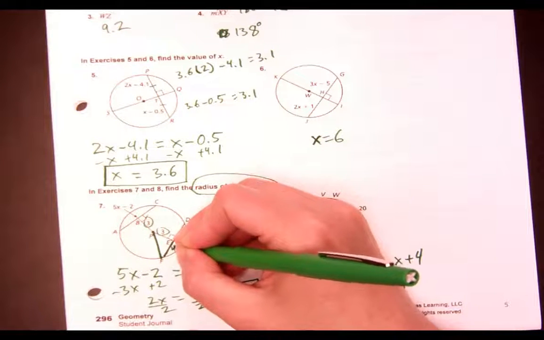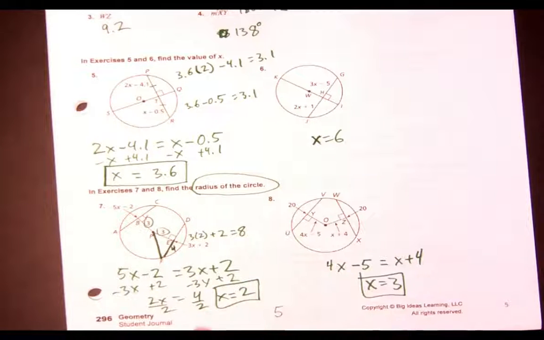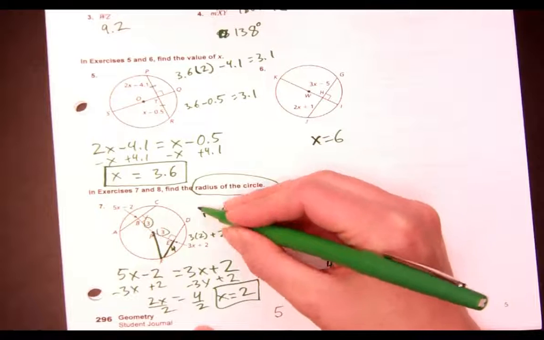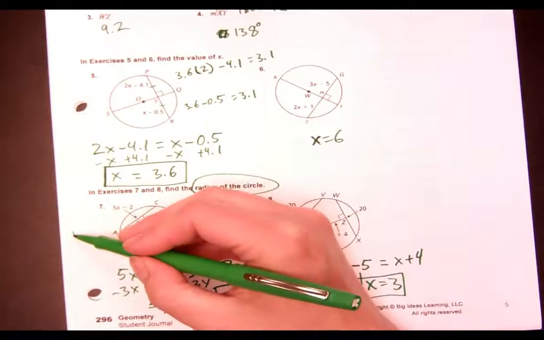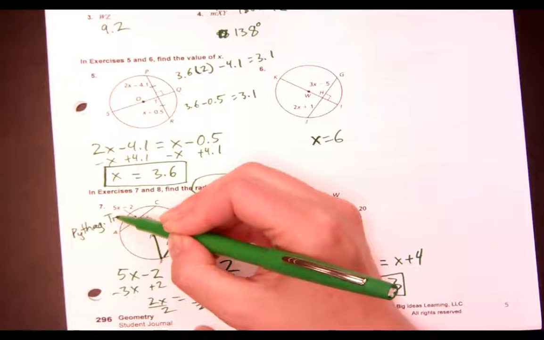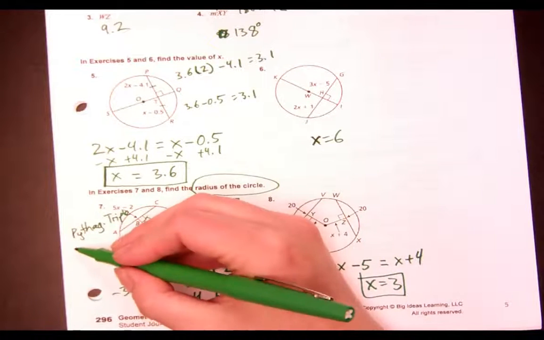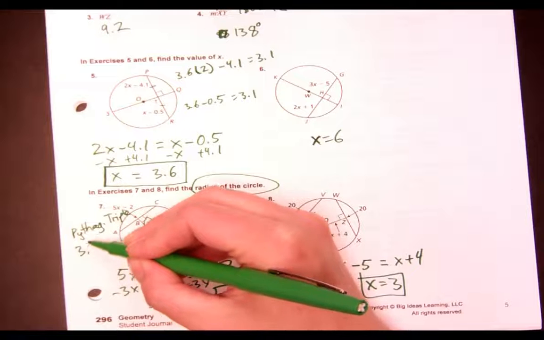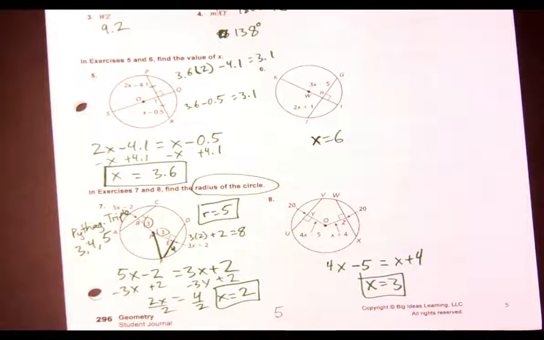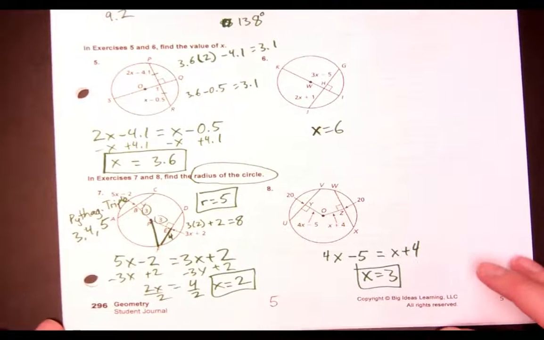Is that one of our Pythagorean triples? Yeah. So radius equals 5. 3 and 4 is a triple. We should have this memorized. At least the basic ones like 3, 4, 5, or 6, 8, 10, those show up a lot. If you don't, you can plug it in and do all the math.